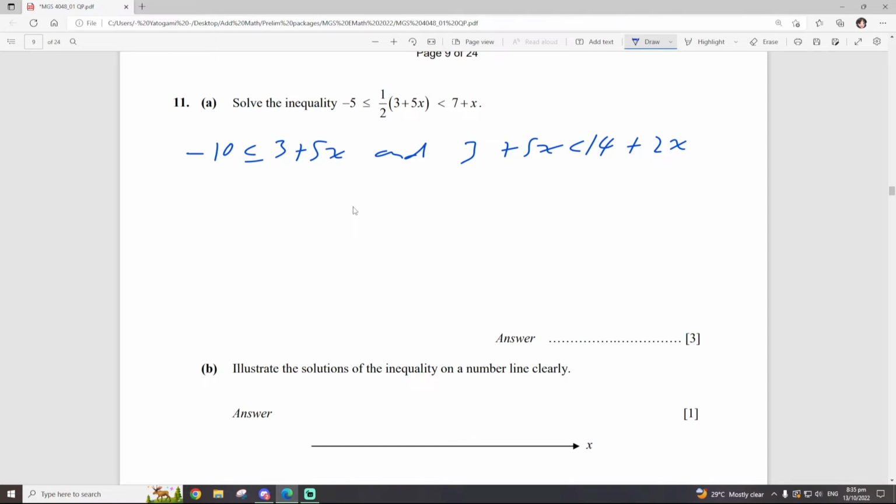So we get 5x is greater than or equals to -13. And, okay, we will bring everything to this side. So -11 plus 3x is less than 0. So x is greater than or equals to -13/5.